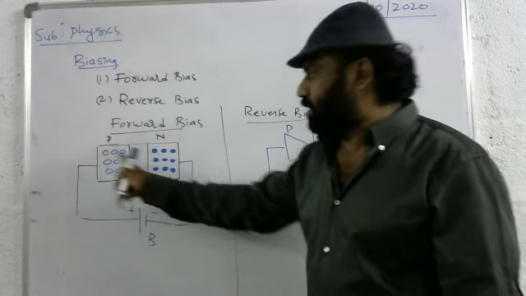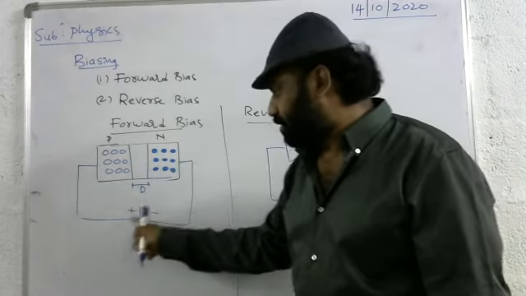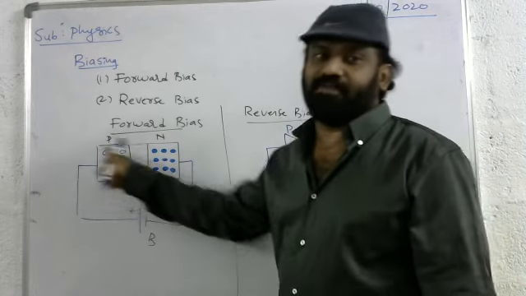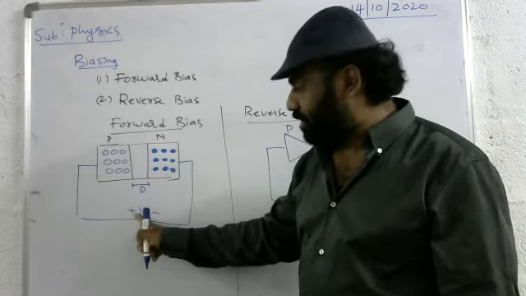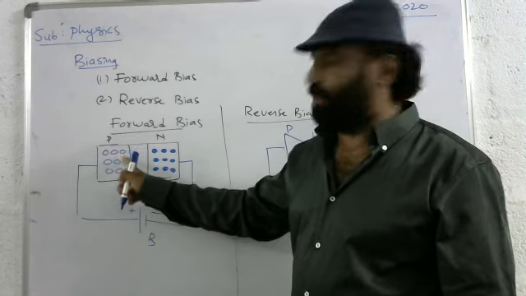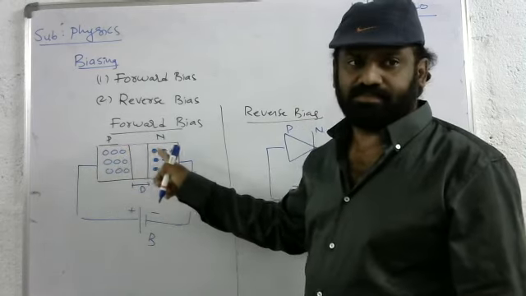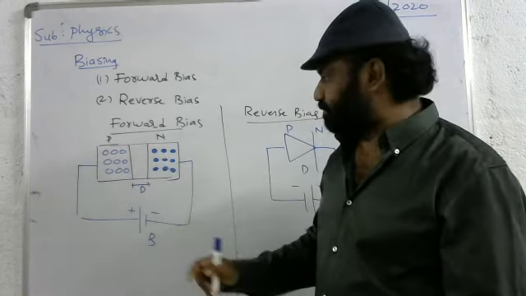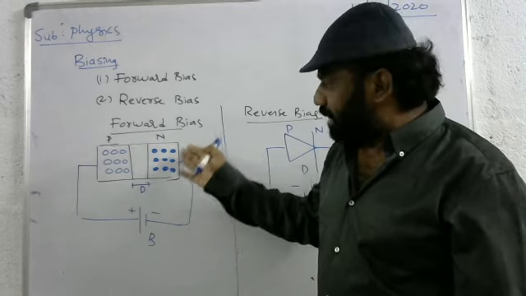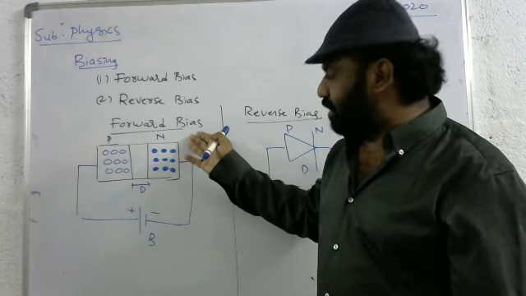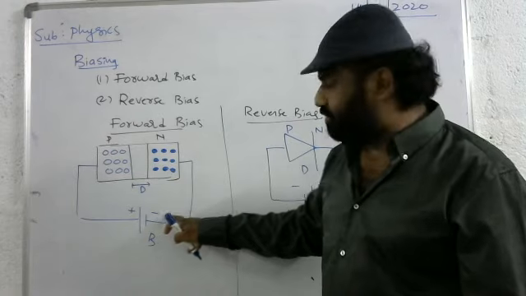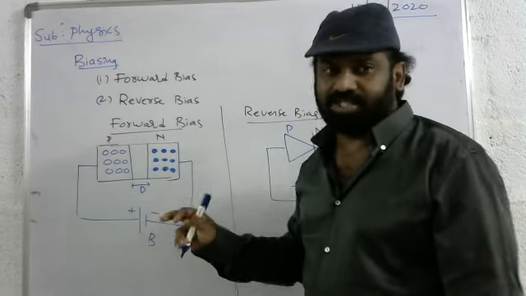We know that these holes are repelled by the positive terminal of a battery and they move towards the junction. Electrons in the N side are also repelled by the negative terminal of a battery and they also move towards the junction.